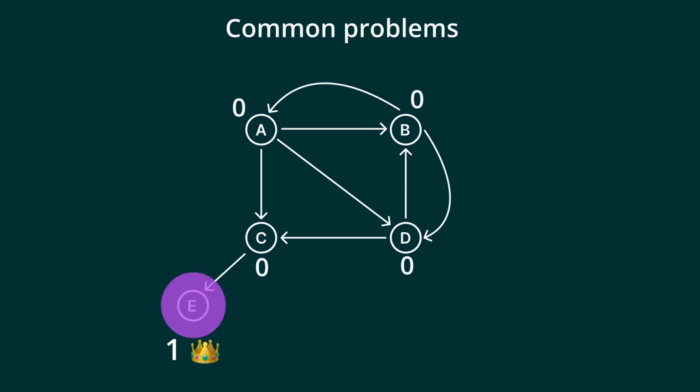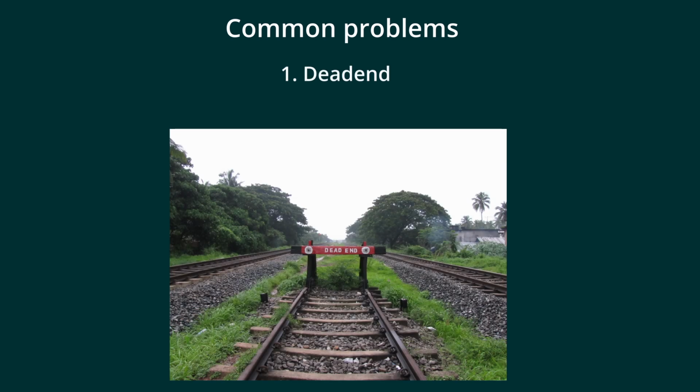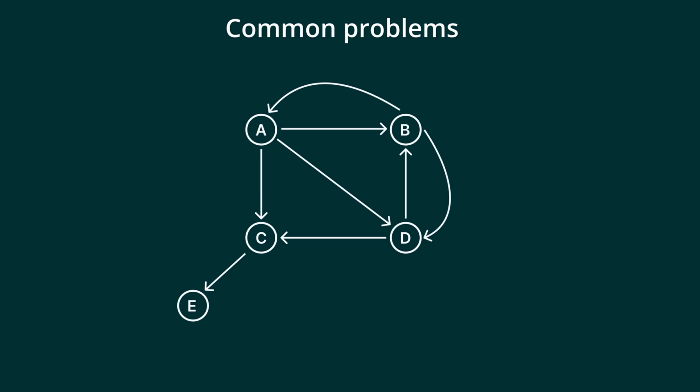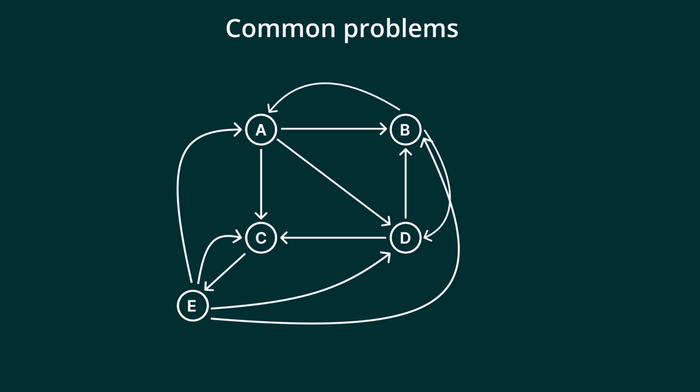Basically, this page has become a parasite, draining the energy from the others and benefiting itself. This problem is known as a dead end, and the easiest way to solve it is, whenever we detect a dead end, instead of it not pointing anywhere, we make it point to all the other pages, even itself. This way, we distribute the value evenly and don't affect anything else.